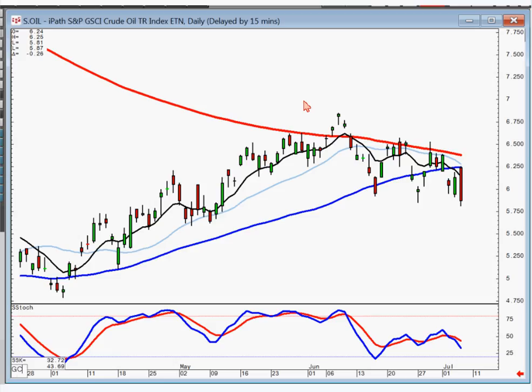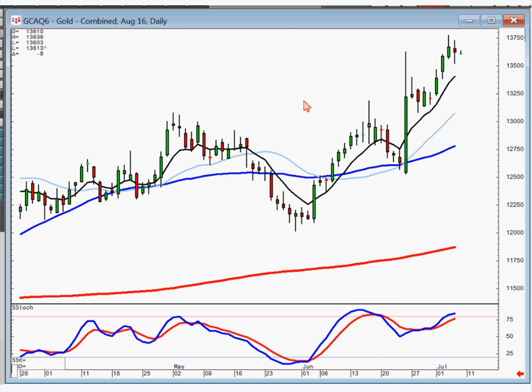Let me make sure I got everything here. Okay, so let's go back to gold, to show also the breakout. So again, anytime you see these big price moves, it's usually going to have follow through.